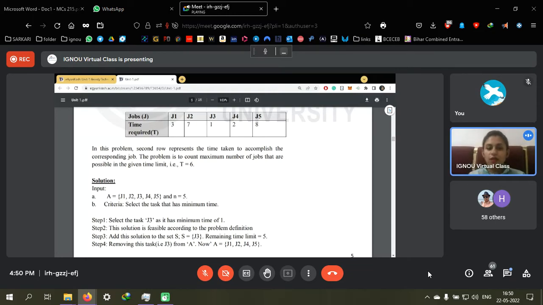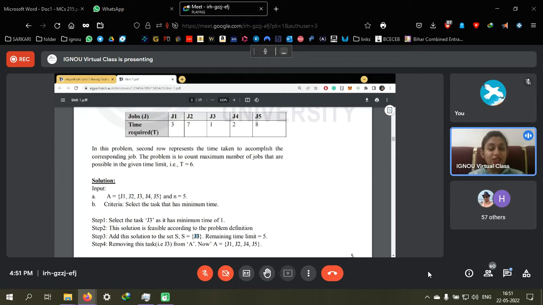So if we consider J3, I will give 1 time to it. If we are doing J3, that means we add this to the solution set. With J3 done, the remaining time limit is 5. Right?